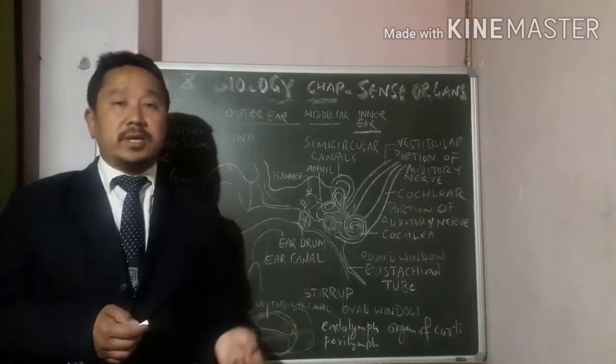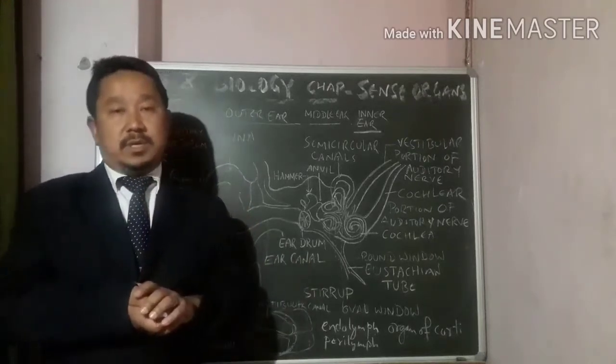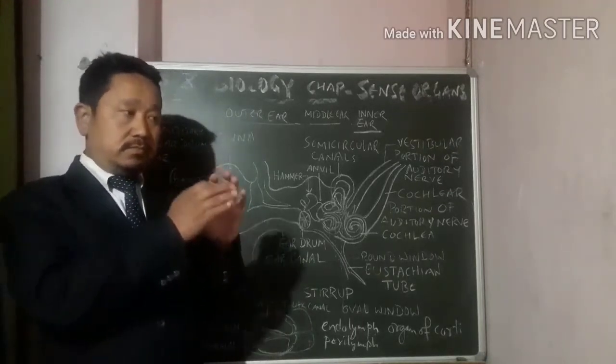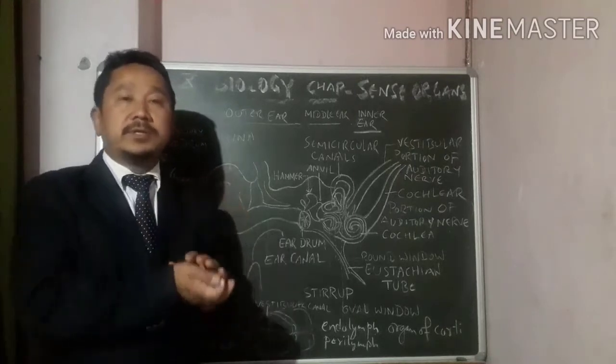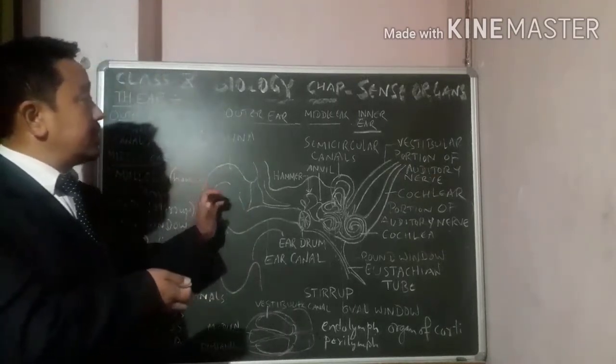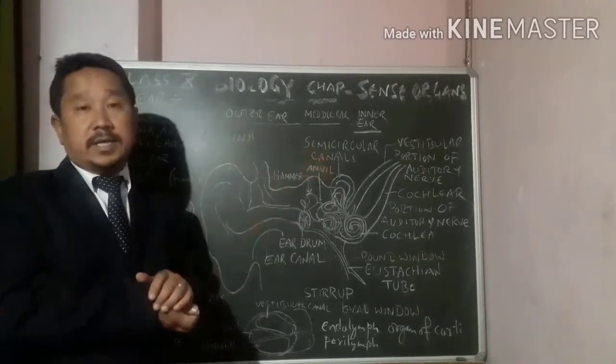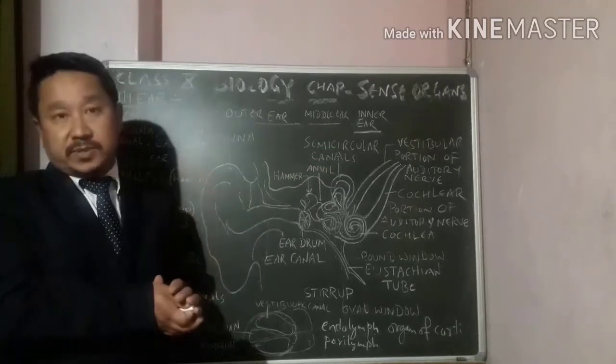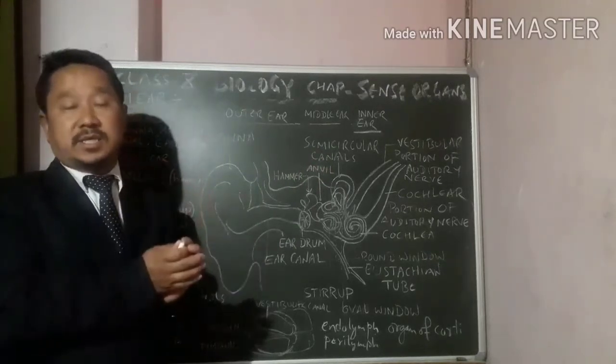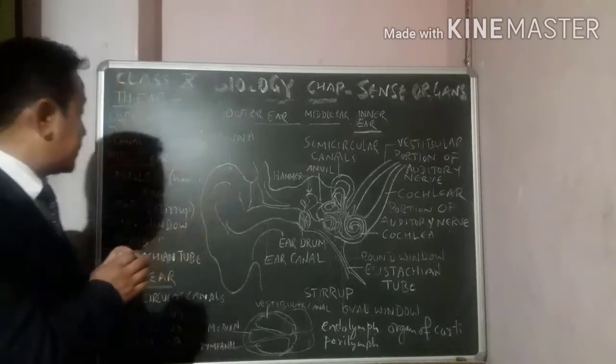Okay, so hearing, how do we hear then? How does the sound wave travel from the external ear to the inner ear, and it is perceived, it is analyzed. Okay, see, it is like this.